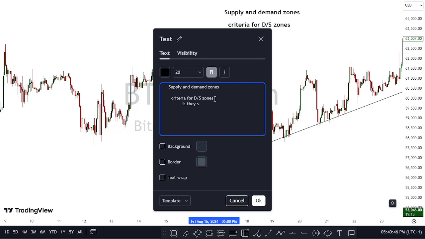they should be, I'm thinking how I can put it for you guys, to make it easy for you. So one of the criteria is that you trade with the trend.